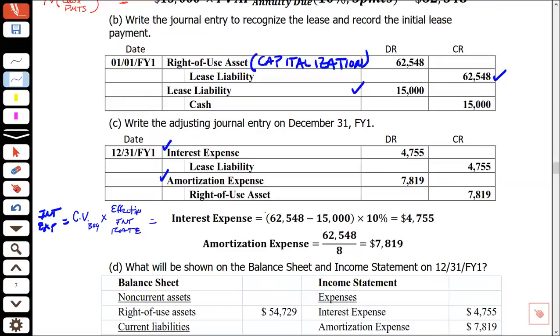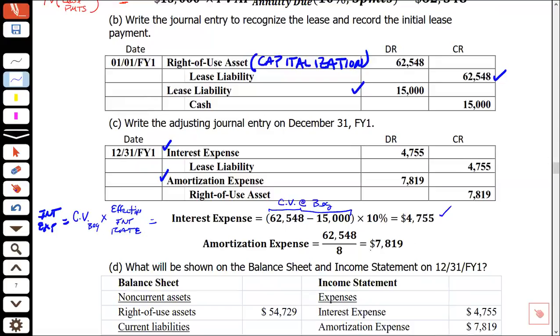We initially recognized 62,548, but there was a day one payment. You could possibly get a lease where there's not a day one payment and you wouldn't have that subtraction, but here we did. So this is the carrying value at the beginning times the effective interest rate, and it's 47.55.